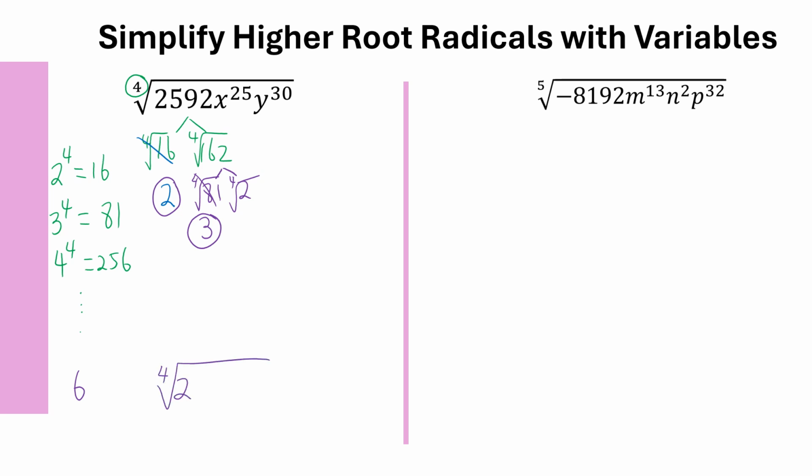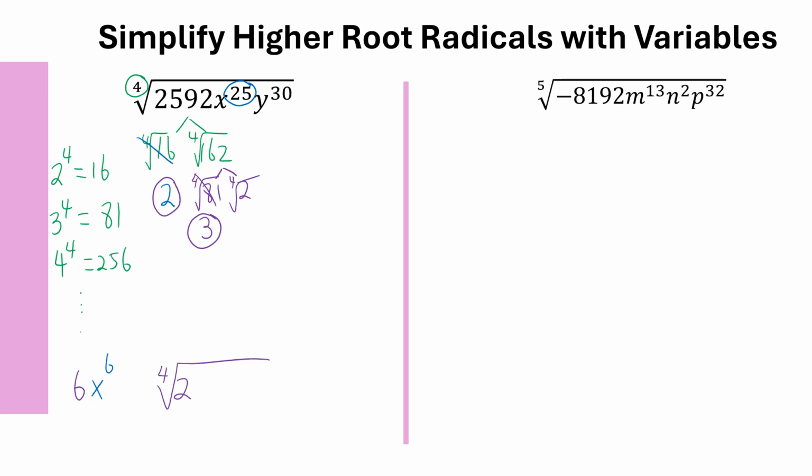Bring down the 2. And for the variables, all you have to do is take the exponent for x, which is 25, and then divide it by 4. So basically, how many 4s can go into 25 maximum? Well, we know that that's going to be 6 because 4 times 6 is 24, but there's still 1 remaining to make it 25.